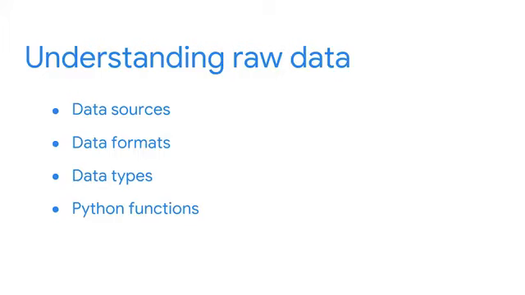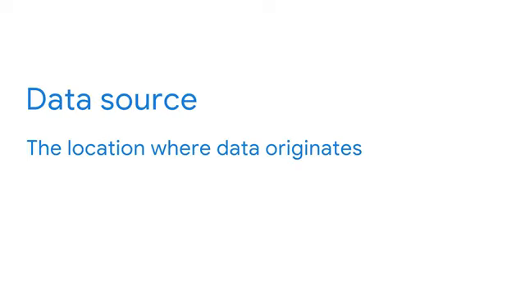Once you're familiar with the dataset's source, format, and the data types within it, you'll be ready to handle questions or challenges as they arise during the analysis. First, when you're given data, you'll want to know the source. The term data source can have many different meanings in different contexts, but for our purposes, we'll be defining data source as the location where the data originates.